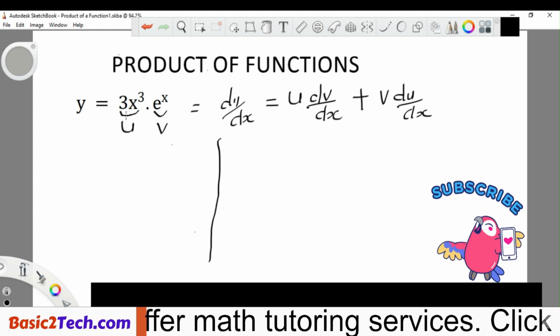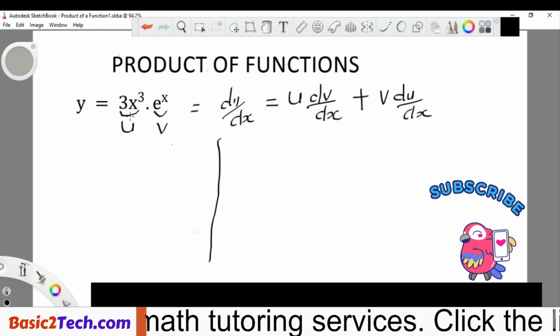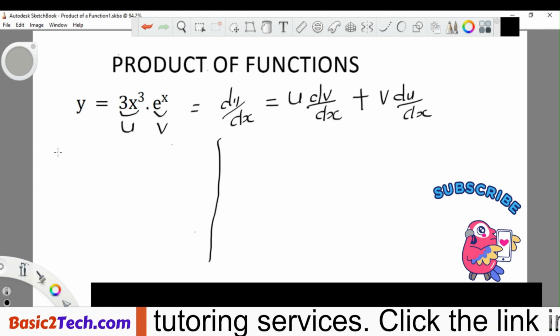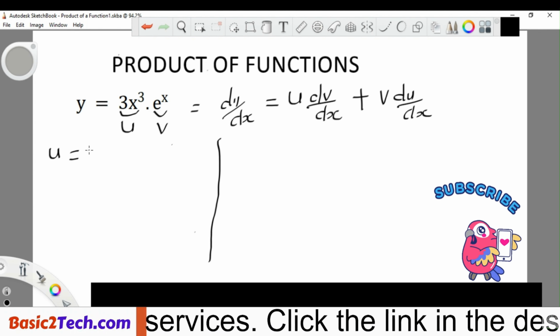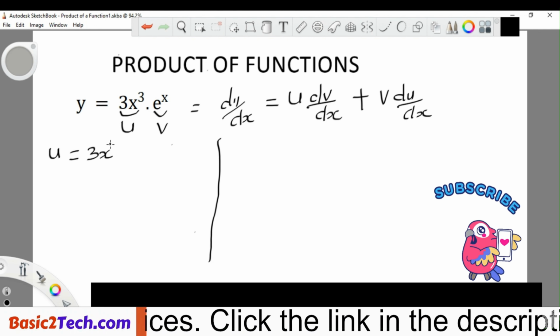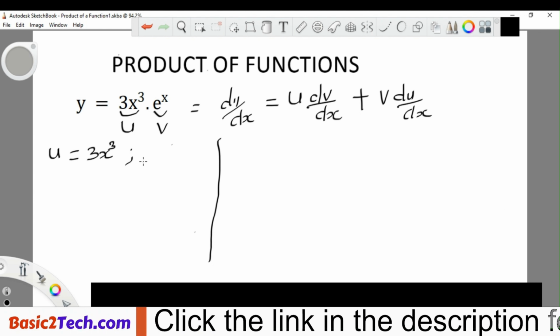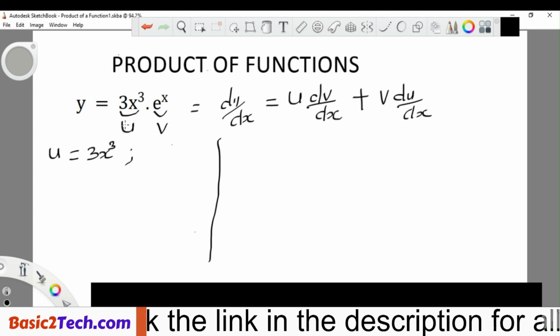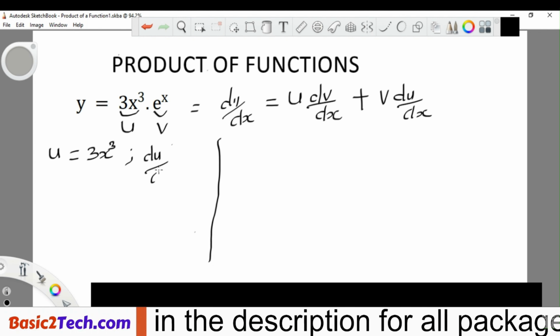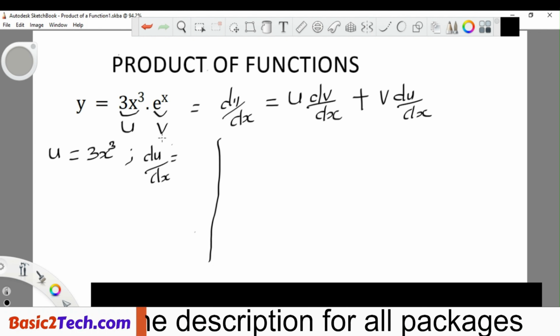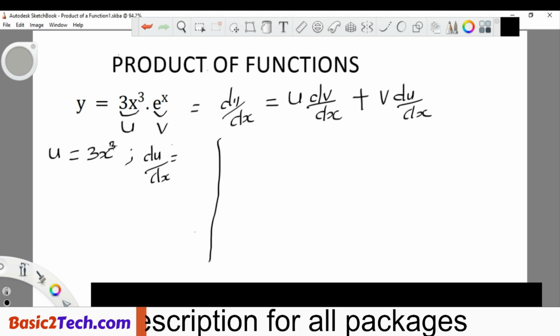So let's start with the first function. The first function is u, and u is equal to 3x cubed. And if we differentiate u, du/dx will give us, remember, the power will multiply the function.